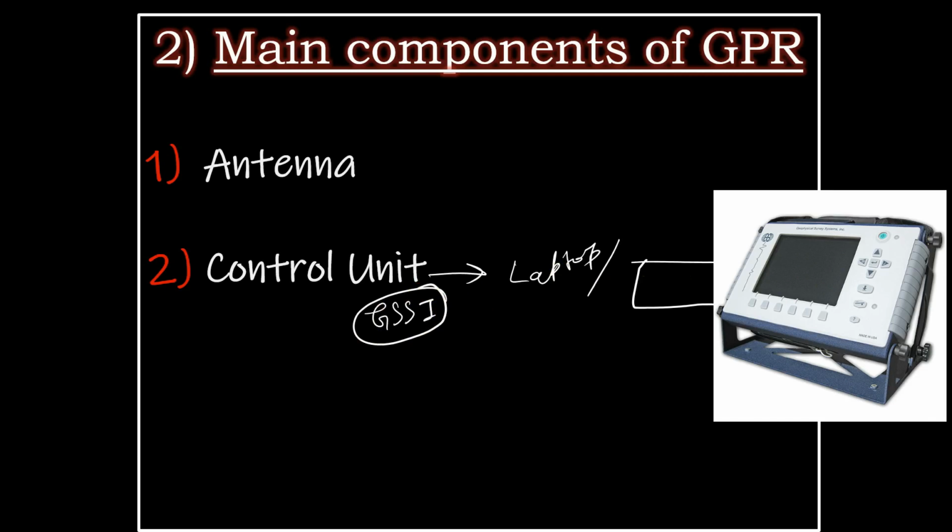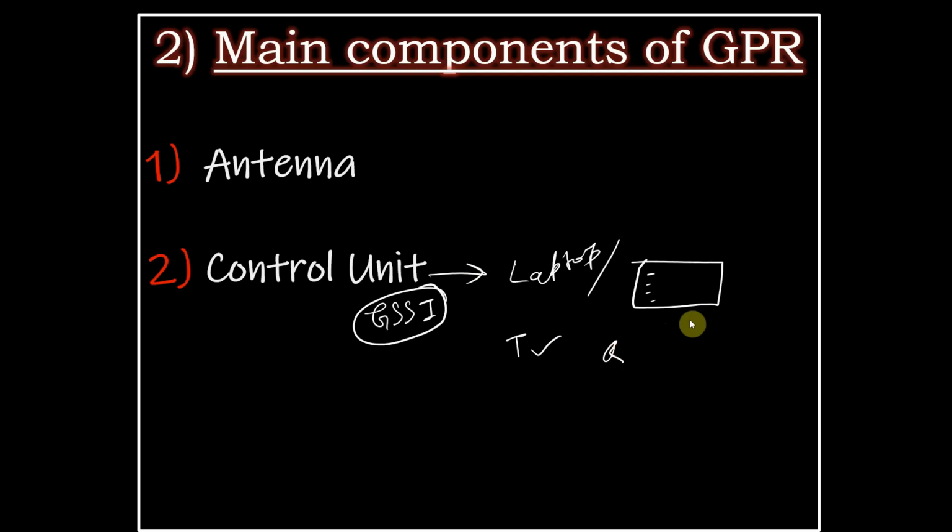It's basically a computer which controls the transmitting wave frequency. Okay, so there are several parameters you set in that control unit to get your desired frequency, and it can also do the processing to some extent. And when you are receiving, the received signal will be stored here also.